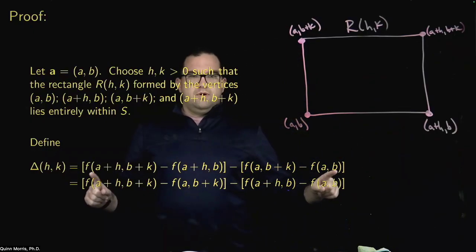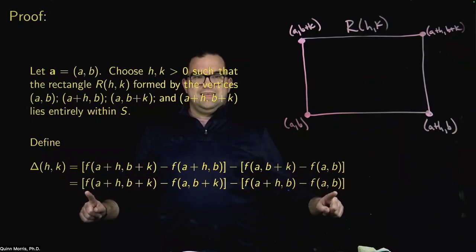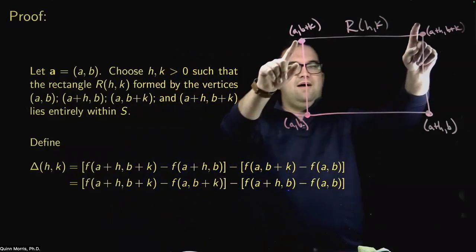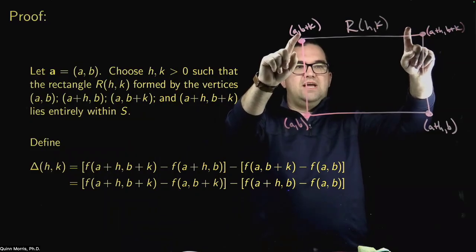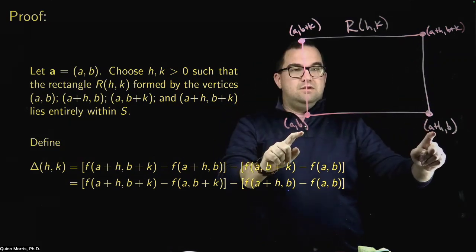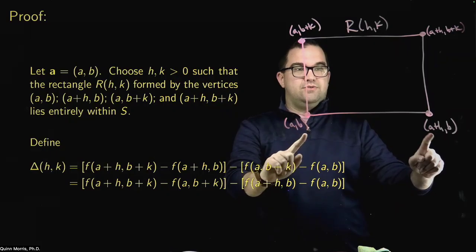All right, so I'm defining delta HK in this way, but notice if I do this, it's actually exactly equal to this. Now, this is the difference between f at these two points. So this is measuring how f changes with respect to changes in x. And the second difference here is also measuring changes with respect to x.